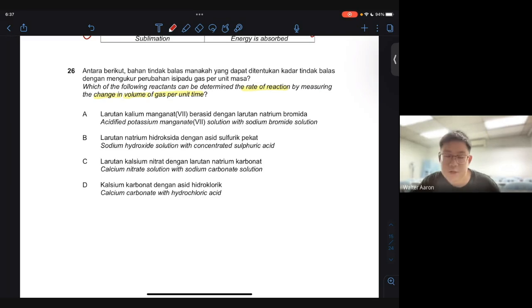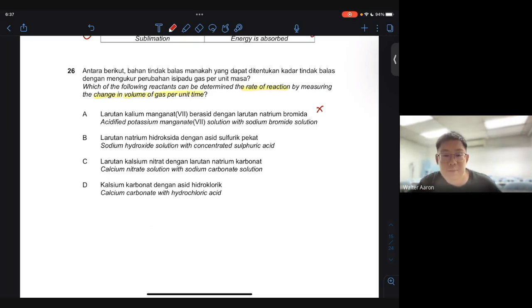If there's no gas production, there's no point. The first reaction has no gas production, right? It is acidified potassium manganate solution with sodium bromide solution. Even though bromine is produced as a side product, it is actually not in a gaseous form, right? Bromine turns to bromine water. So therefore A is out.